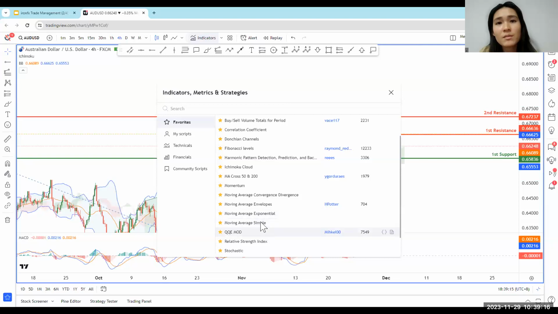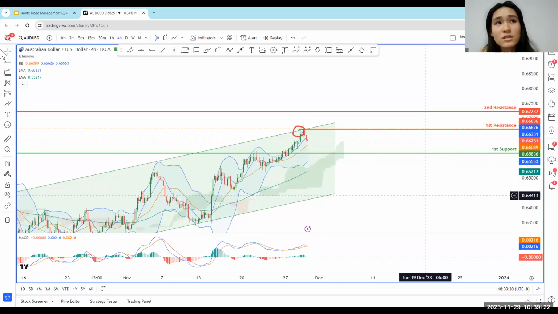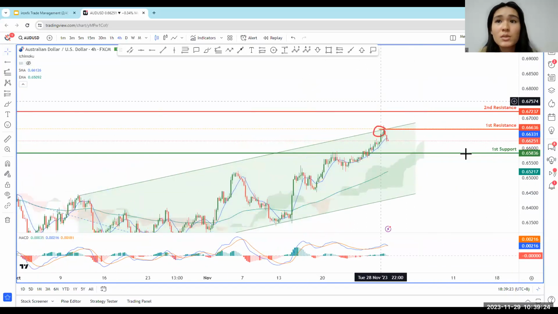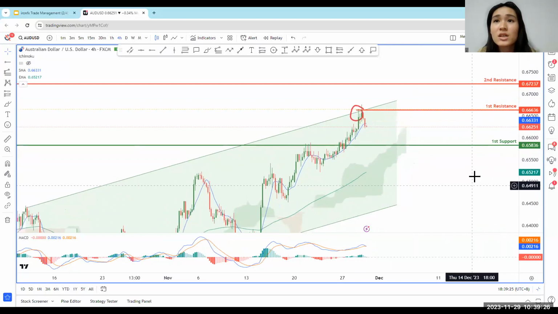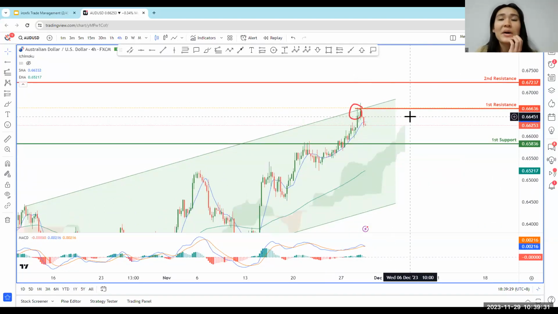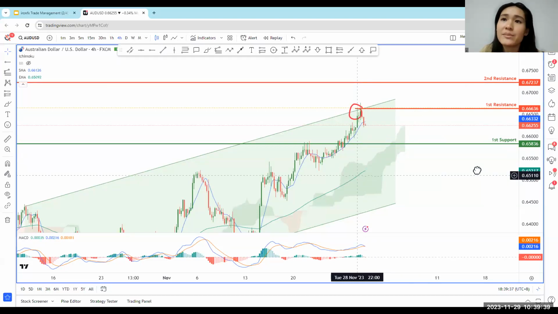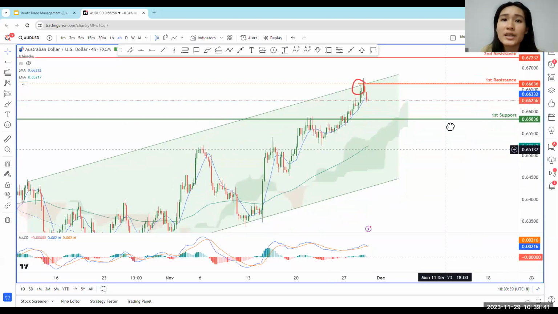Let's look at our moving averages. I'm going to hide our Bollinger Band so it's easier to see. We see price moving above both of our moving averages, but it does look like it's moving below the simple moving average now. But it's still moving above the EMA, so that's fine.